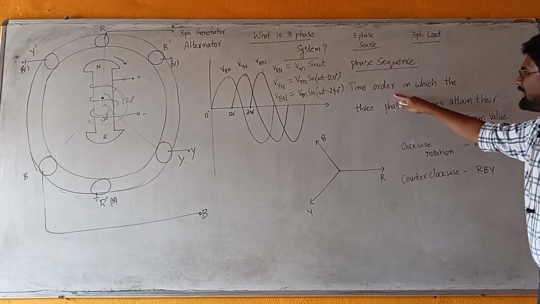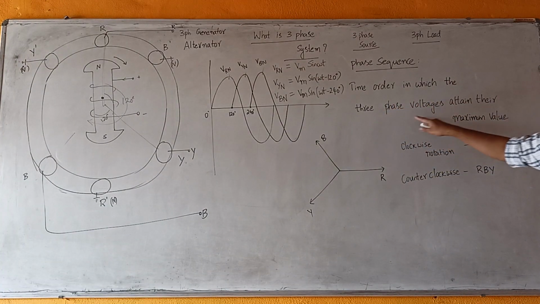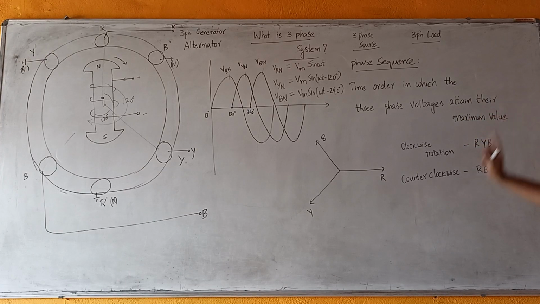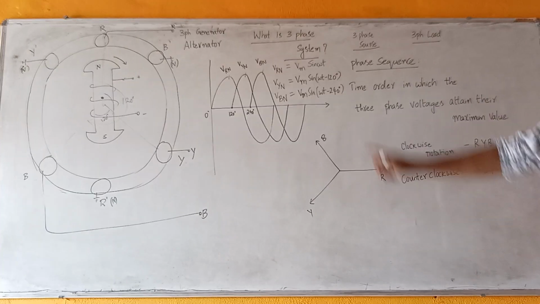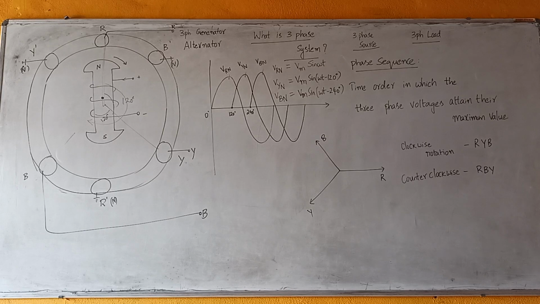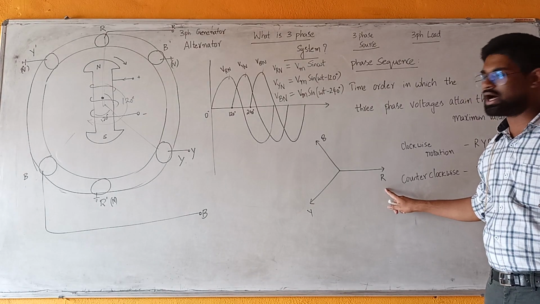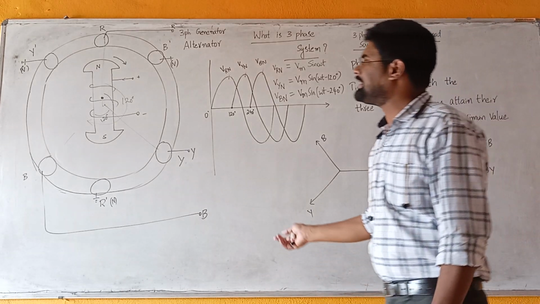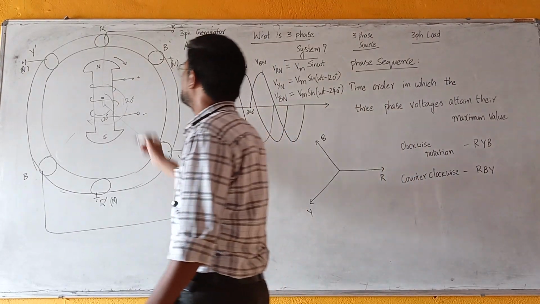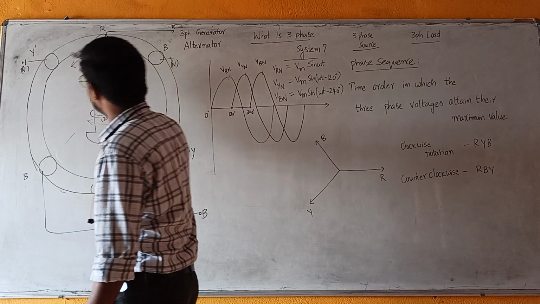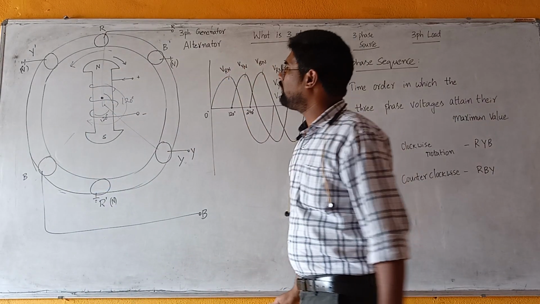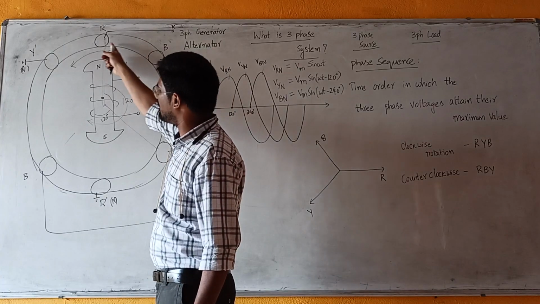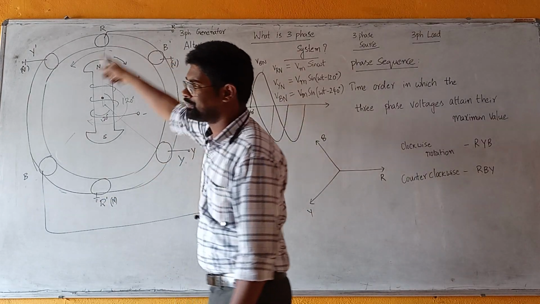It is the time order in which the three phase voltages attain their maximum values. If you rotate this in clockwise direction, the phase sequence is R, Y, B. Whereas if we rotate it in counter-clockwise direction, voltage is induced in the sequence R, B, Y.